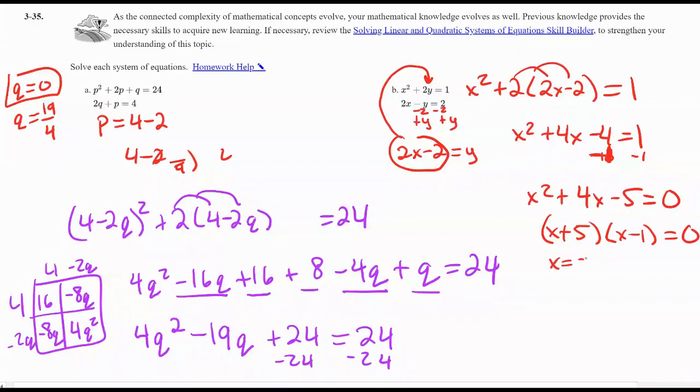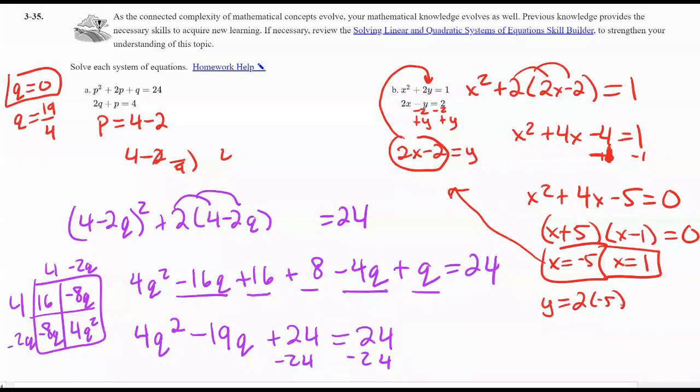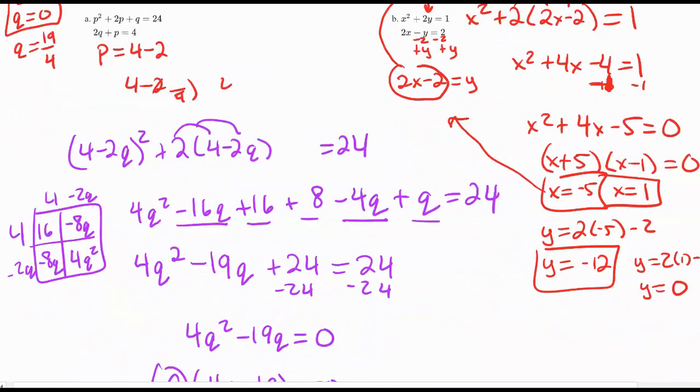So my two solutions for x are negative 5 and 1. Now I got to plug that back in to find my y values. So I got y equals 2 times negative 5 minus 2, which would be negative 12. And then I plug in 1, and I get 0.